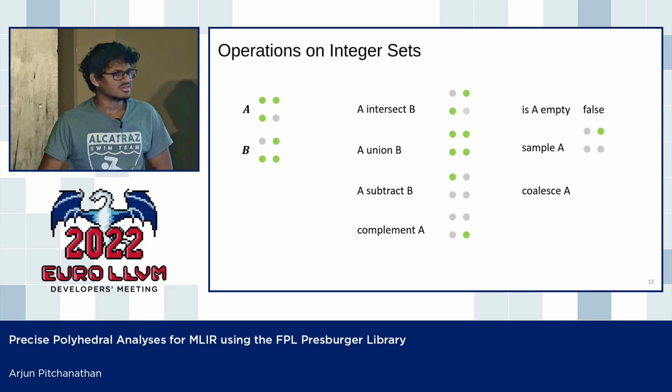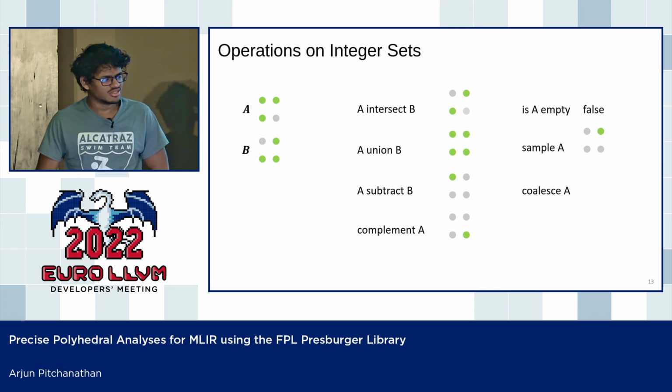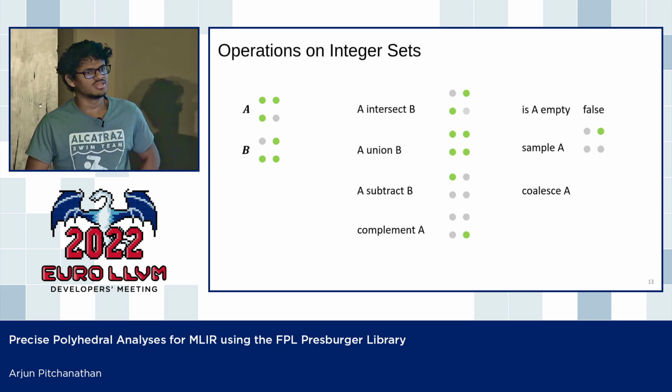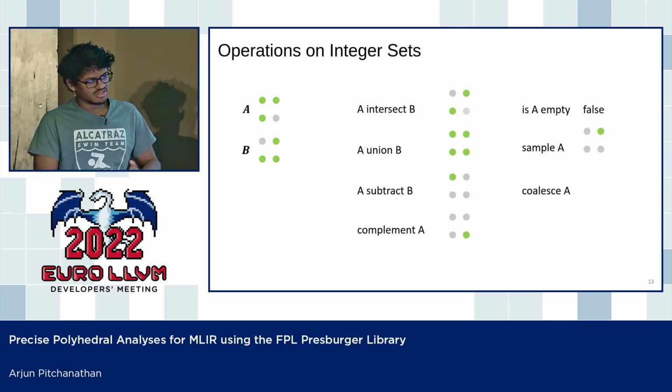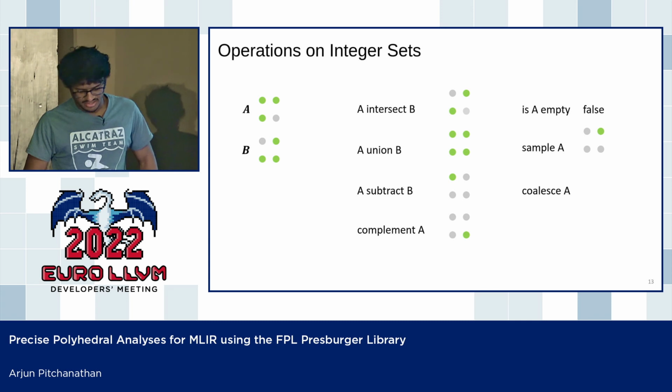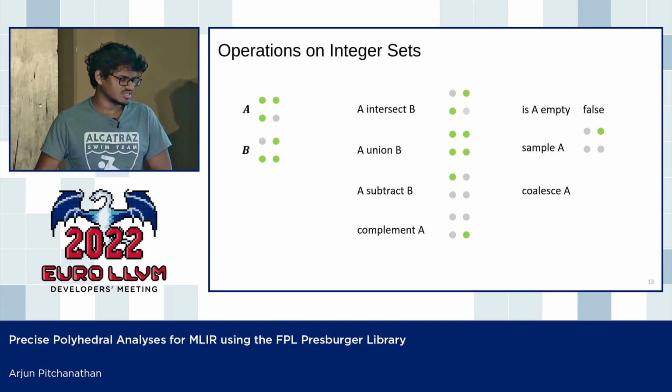We also have an operation where you can check if a set is empty, which comes in handy sometimes, as we see. And coalesce is a heuristic to simplify the representation of sets, and this also is useful. For example, if you have an if condition and you want to remove some redundant constraints in it, it essentially just simplifies a condition.